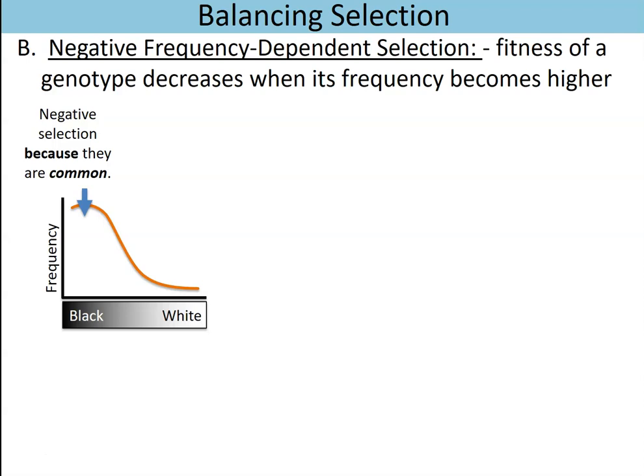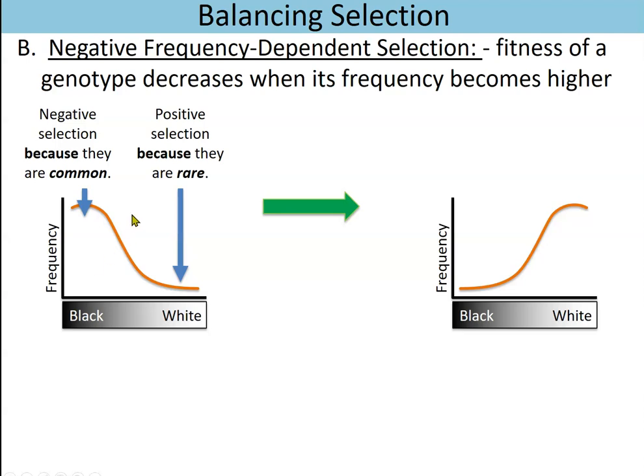So it is this frequency dependent negative selection: there's no advantage to be in the popular color in this example, but there is some advantage to being white because they're rare. We can also have the opposite occur because, of course, over time, if more individuals are doing well that are lighter, then that's going to increase, right?